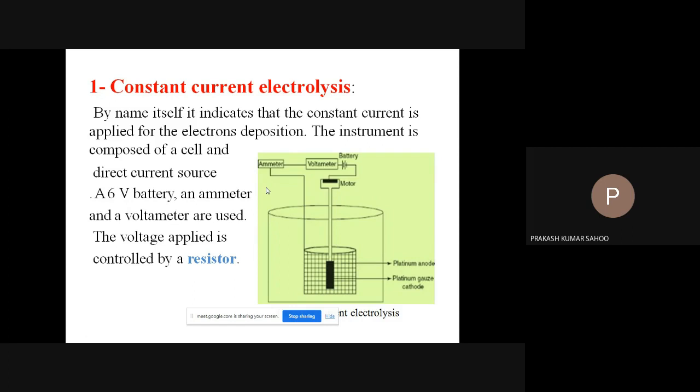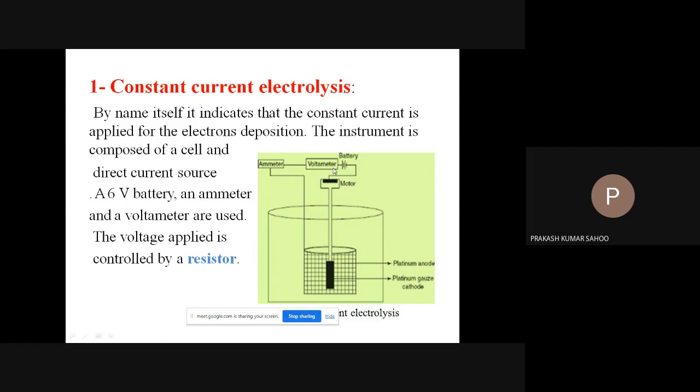Then we have a motor here, a magnetic stirrer, which can also be used, or a motor is used with a mechanical stirrer.